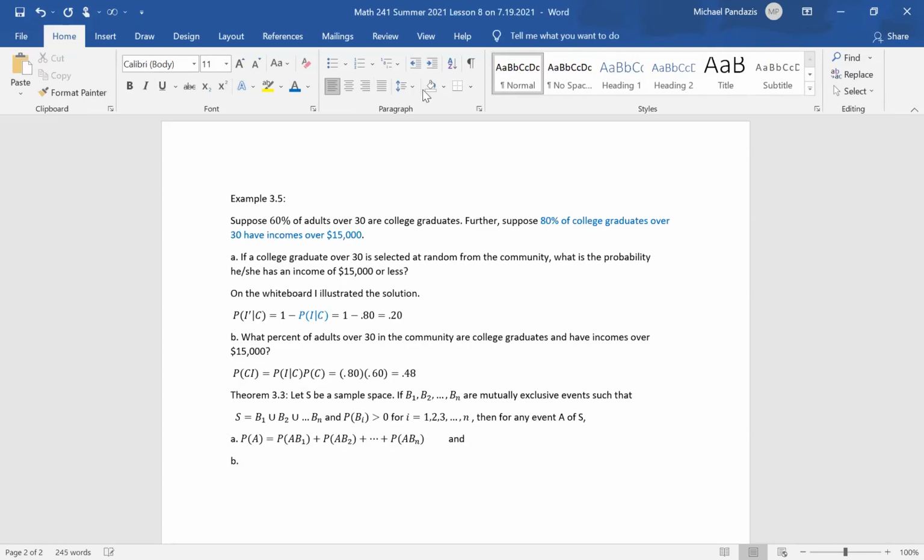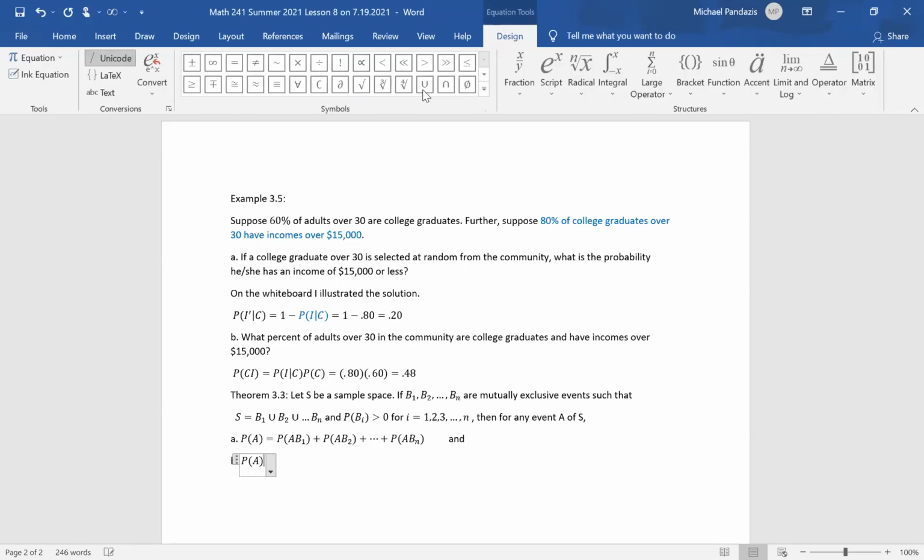You also have part B, that P of A is equal to P of A given B1 times the probability of B1, plus the probability of A given B2 times the probability of B2, plus, adding up all the ones in between, the probability of A given B sub n times the probability of B sub n.